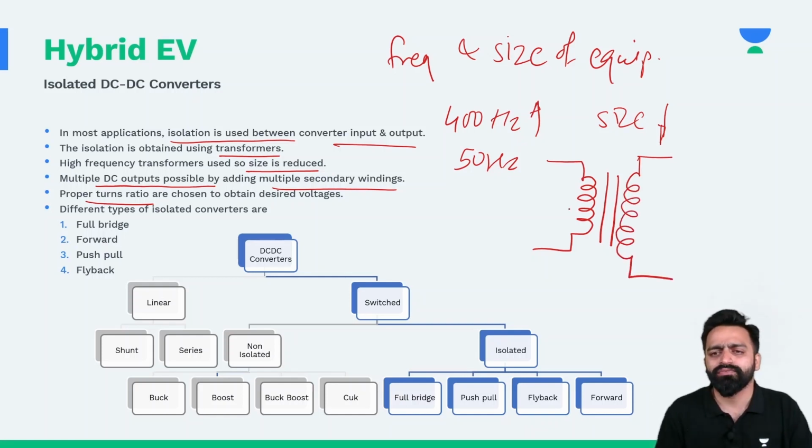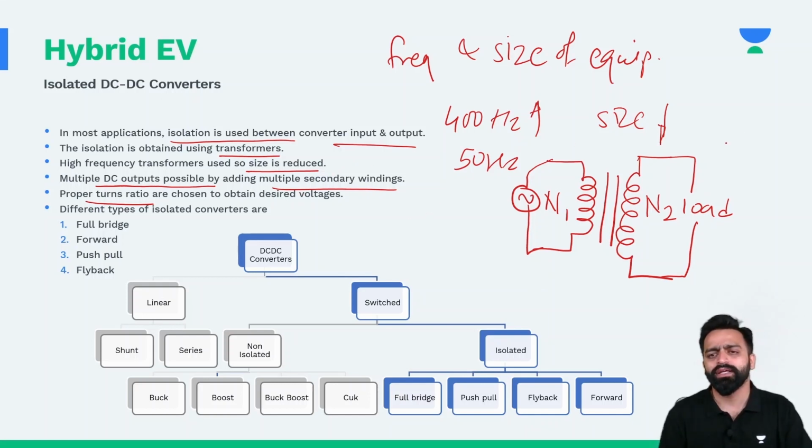Now this winding is having n1 number of turns, this winding is having n2 number of turns. Primary is the one to which we connect the supply, and secondary is the one across which we connect the load. So the turns ratio is what? It is n1 divided by n2, where n1 are primary number of turns and n2 are secondary number of turns.